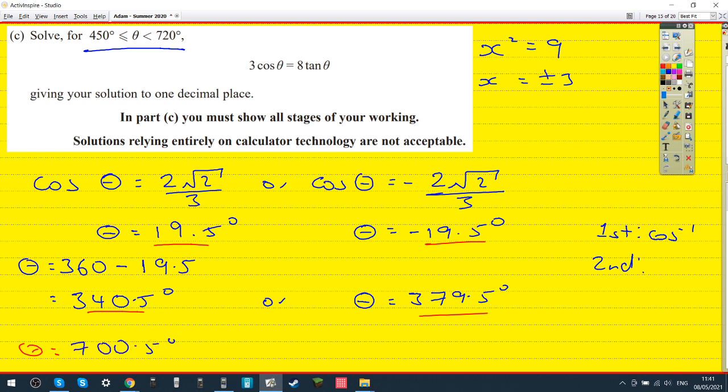Okay. And the other one is 739.5. So that'll be outside the range, because it's over. So our answers are 340.5, 379.5 and 700.5. 340.5 is too low.